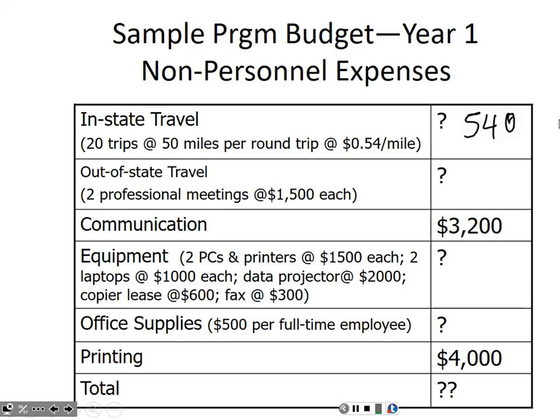Exactly, so 20 trips times 50 miles each times 54 cents per mile is $540, okay? Out of state travel. 3,000, so 2 conferences, 1,500 each. Communication, 3,200.